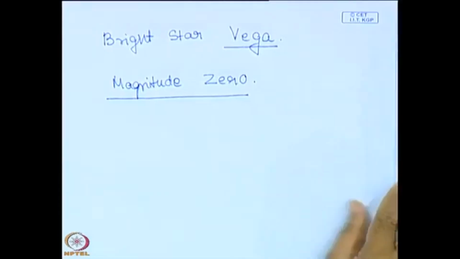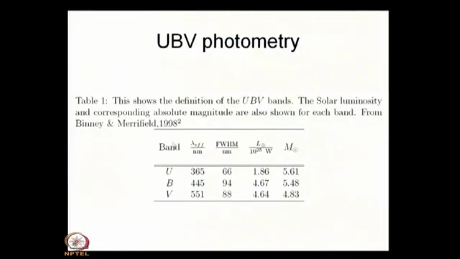Having told you this, now let us go back to the table that we were looking at. Here the last column in this table tells us the absolute magnitude corresponding to the solar luminosity, the solar radiation.